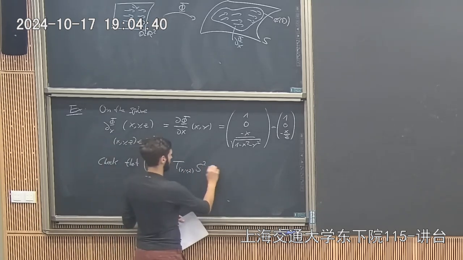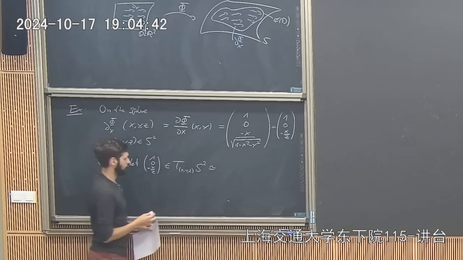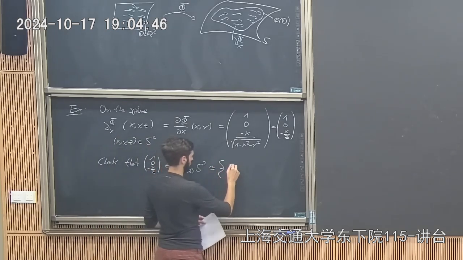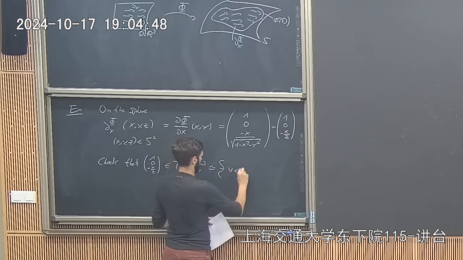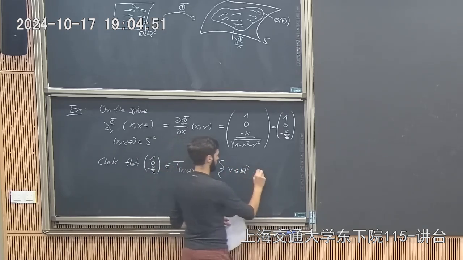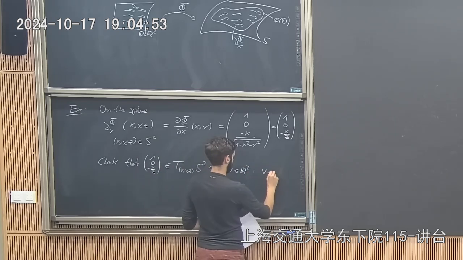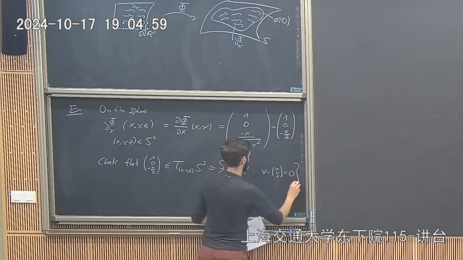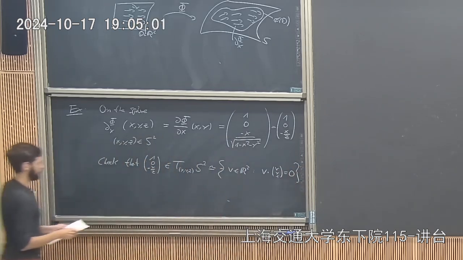We already calculated last time what this vector space was. These were all vectors v in R3 such that v times the point that we take, x, y, z, equals 0. So it's all the orthogonal vectors.